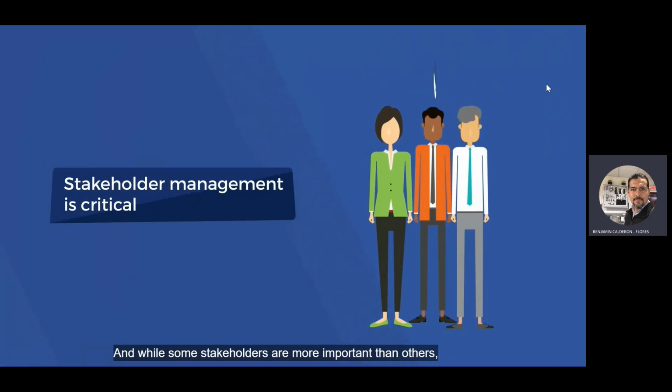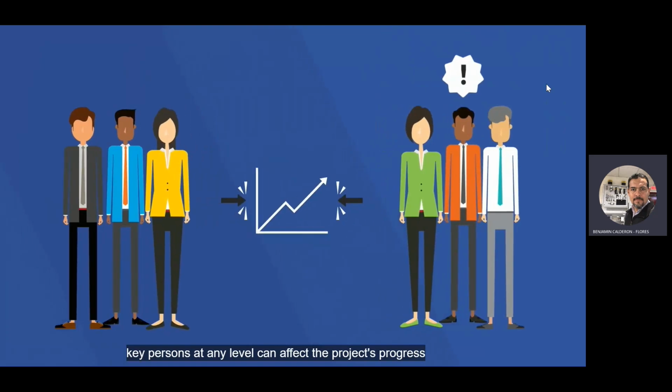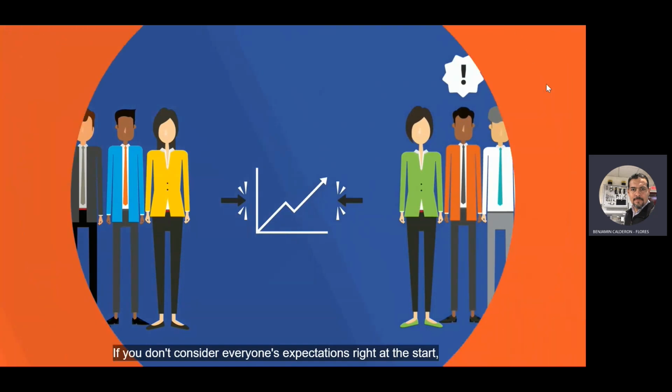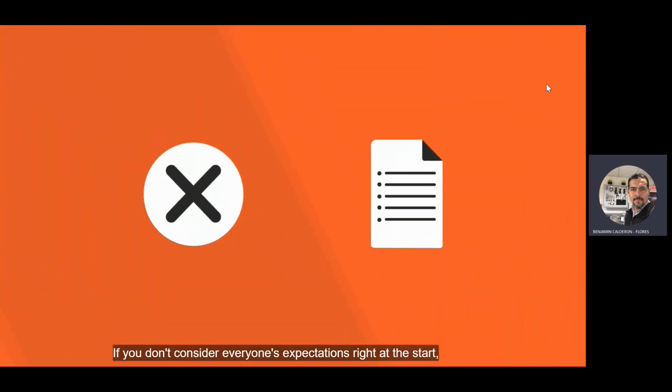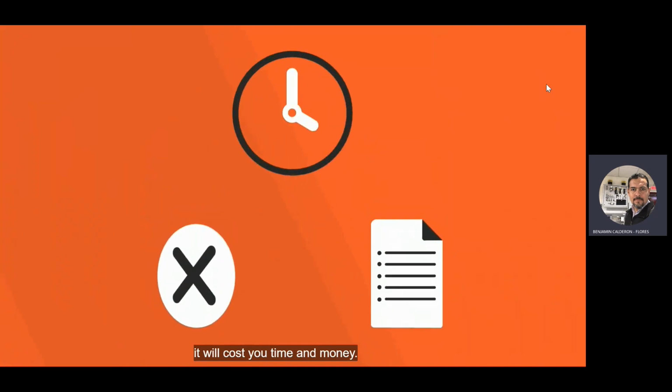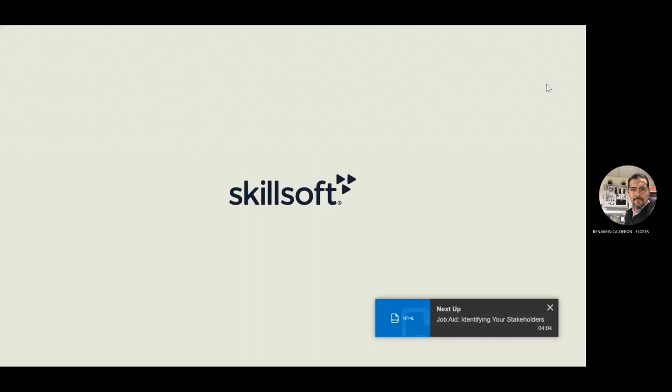And while some stakeholders are more important than others, key persons at any level can affect the project's progress and outcome dramatically. If you don't consider everyone's expectations right at the start, it will cost you time and money, and maybe your project's ultimate success.